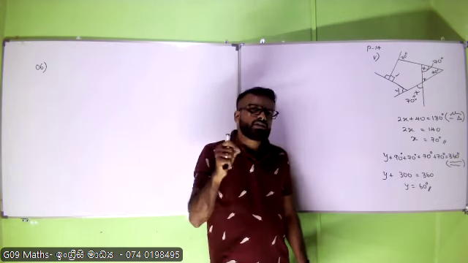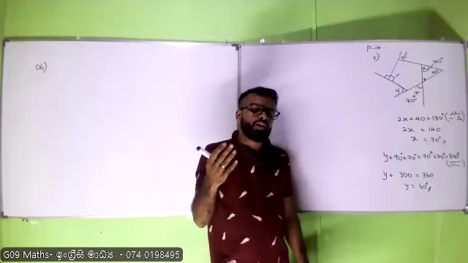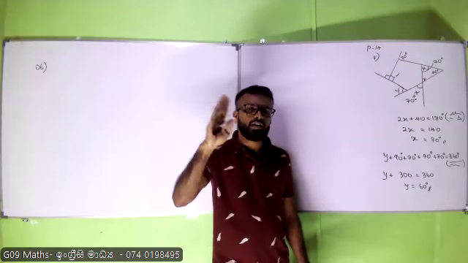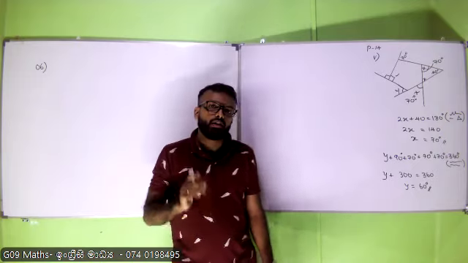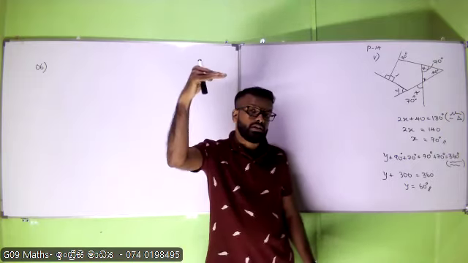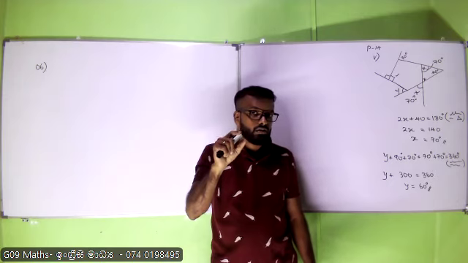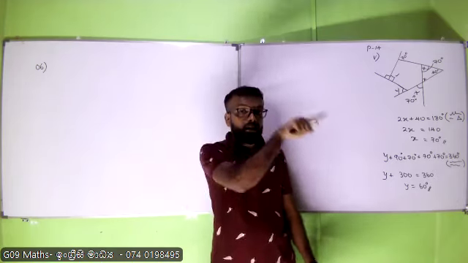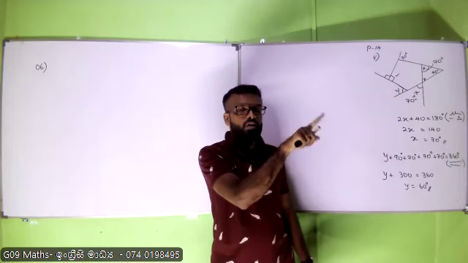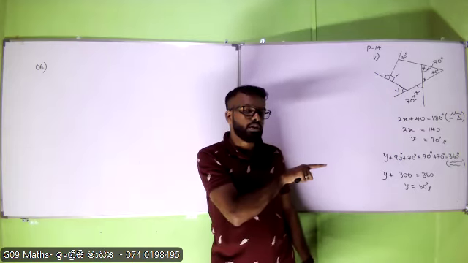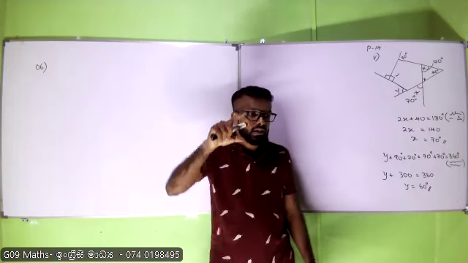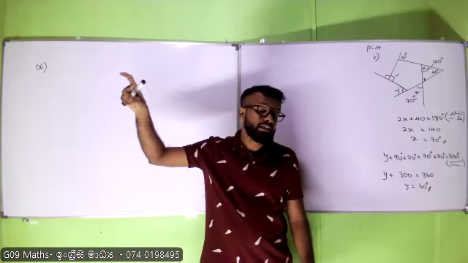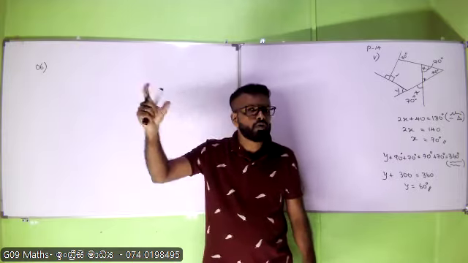Now, what is the summation of the exterior angles of any given polygon? 360. If you divide that 360 by one exterior angle of the corresponding polygon, you will get the number of exterior angles, which is equal to the number of sides.